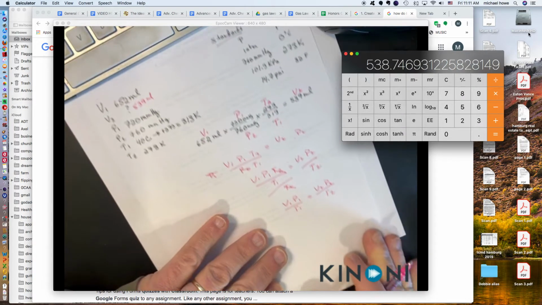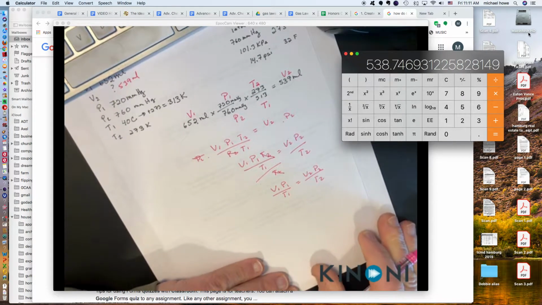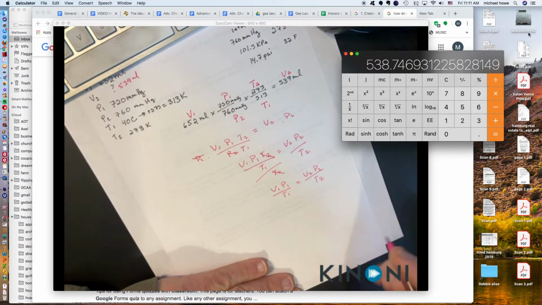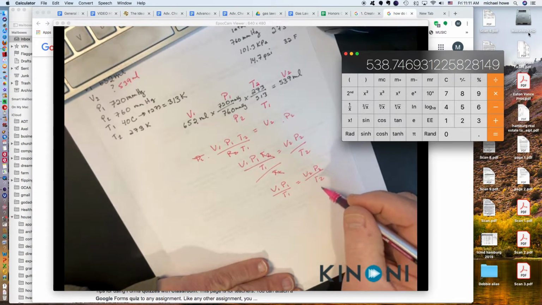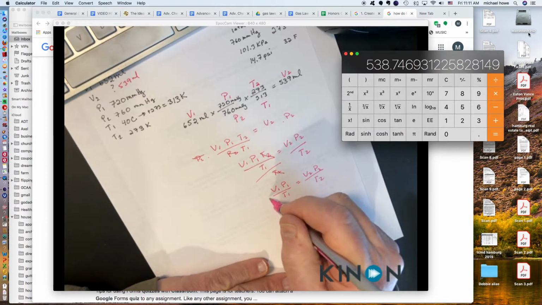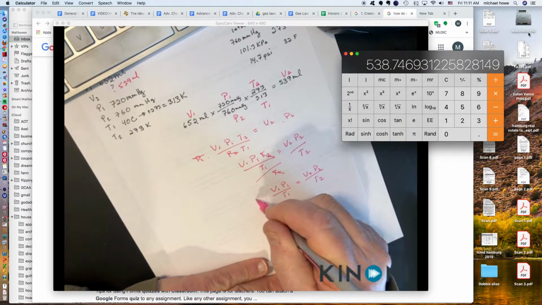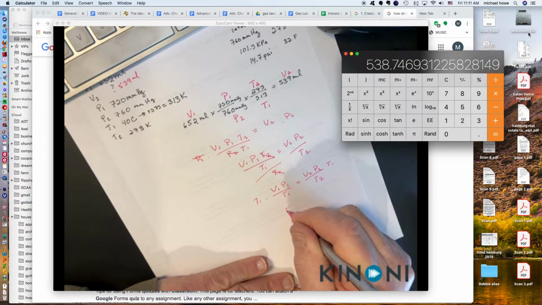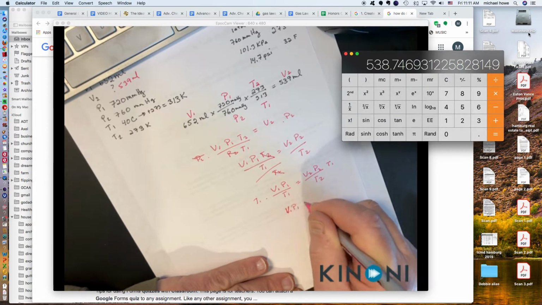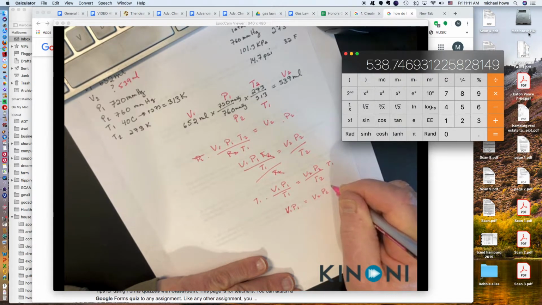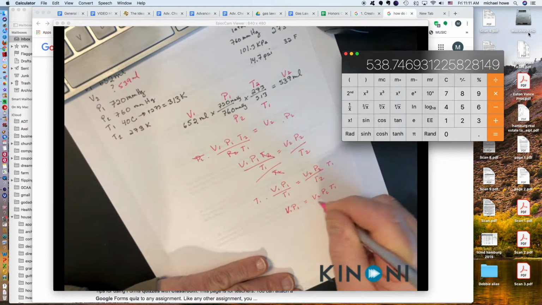And that's probably, if you Google this kind of problem, what you'll see most often on the internet, this form. Sometimes I think it's simpler to multiply both sides by T1 here and here. So then you would have V1, P1 equals V2, P2, T1 over T2.